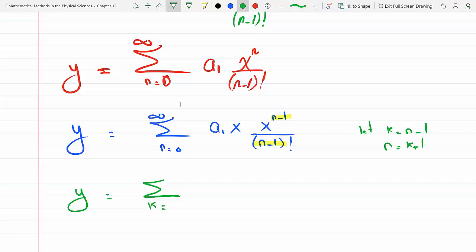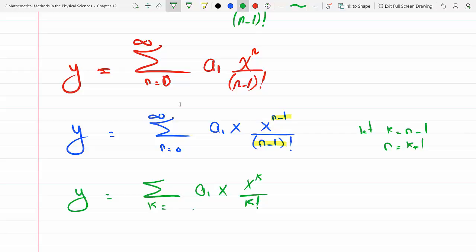So this is going to start from k, we'll come to the starting and ending in a second. This would be a1, x times x to the k over k factorial, if you like.